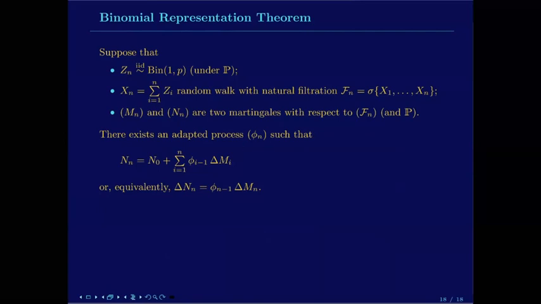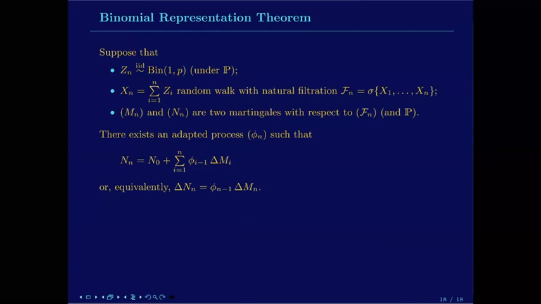The boundedness anyway here is obvious as our M's and N's in this binomial process are bounded, and therefore such an equality also implies that the phi must be bounded. So we have a bounded adapted process such that we can express the one process as a martingale transform of the other. So that works, of course, both ways.